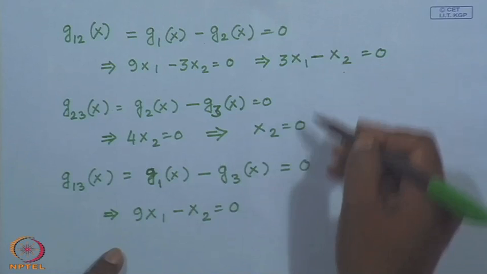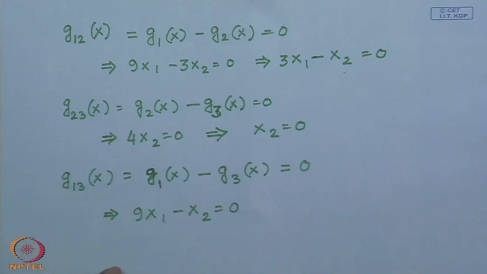These are the different decision boundaries. We are considering two dimensional feature vectors having components x1 and x2, so it is a two dimensional space.